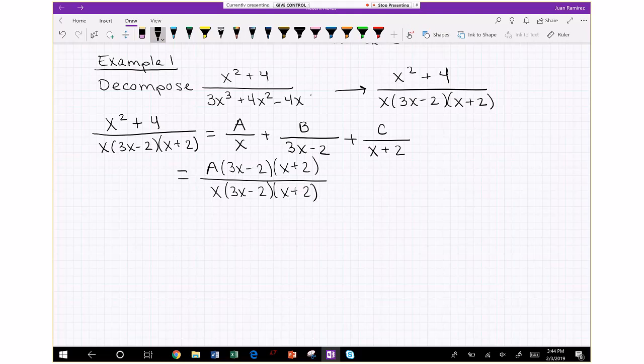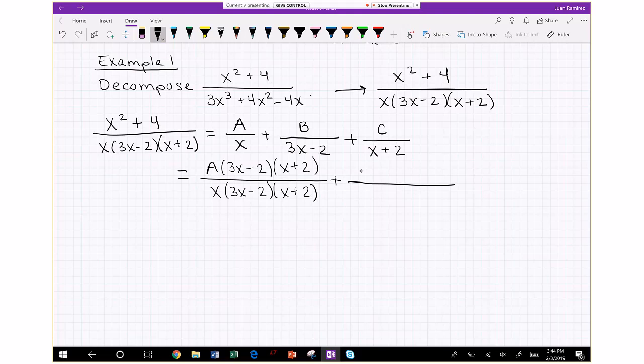Right, so essentially I'm multiplying by 1 because I'm multiplying denominator and numerator by that same thing. But I do that so that now this term has the same denominator as the one on the left-hand side of the equation.